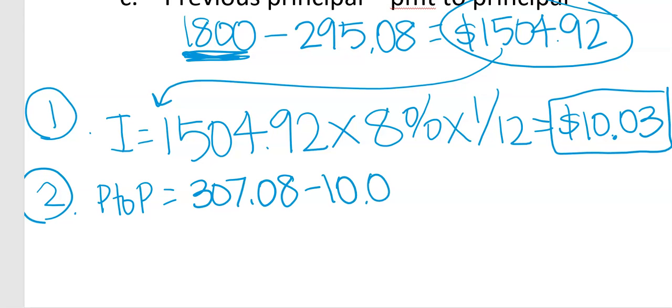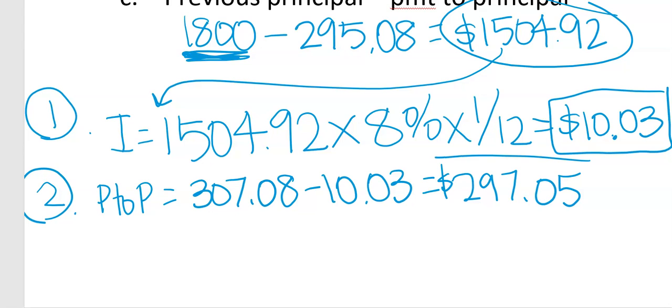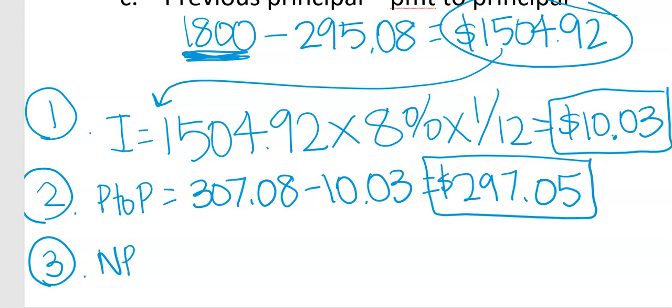Subtract the interest that we just figured out, which gives $297.05. And then the last one, we're trying to figure out our new balance.